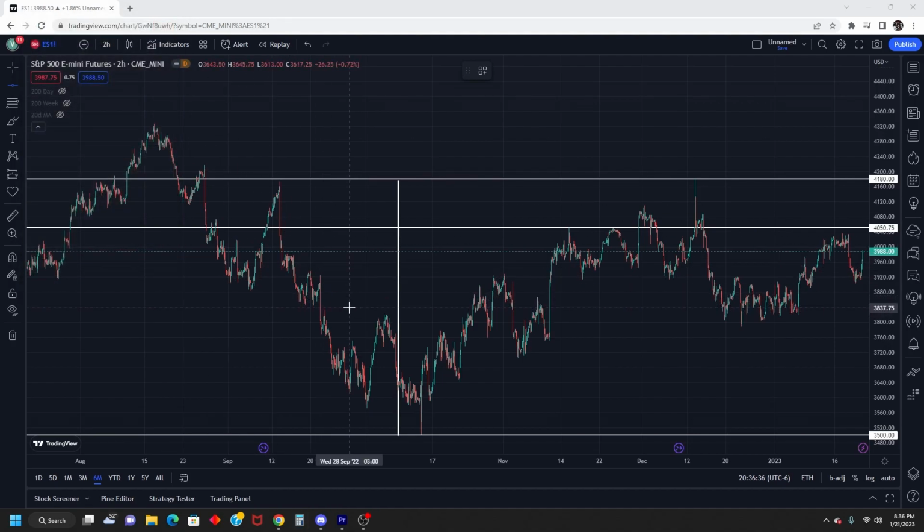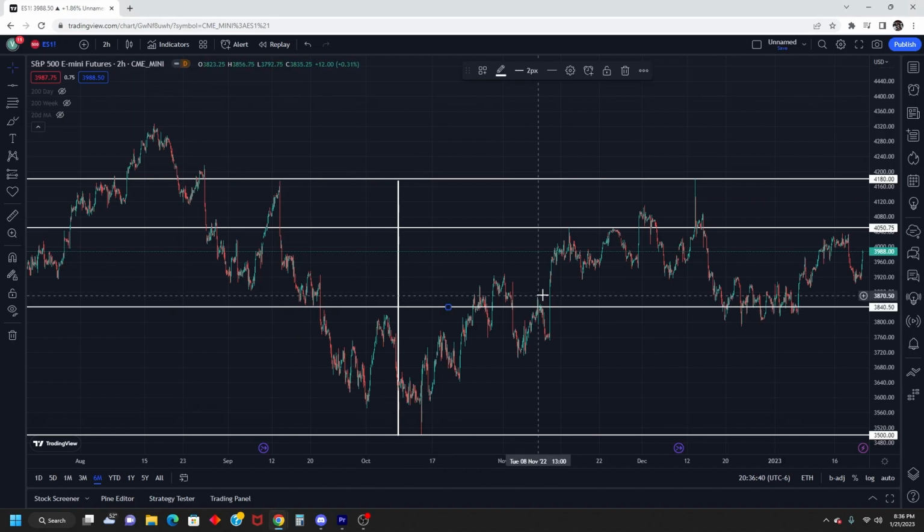We have this 3,840 level as our 50% regression, and we had a base forming on it and then an expansion upwards.